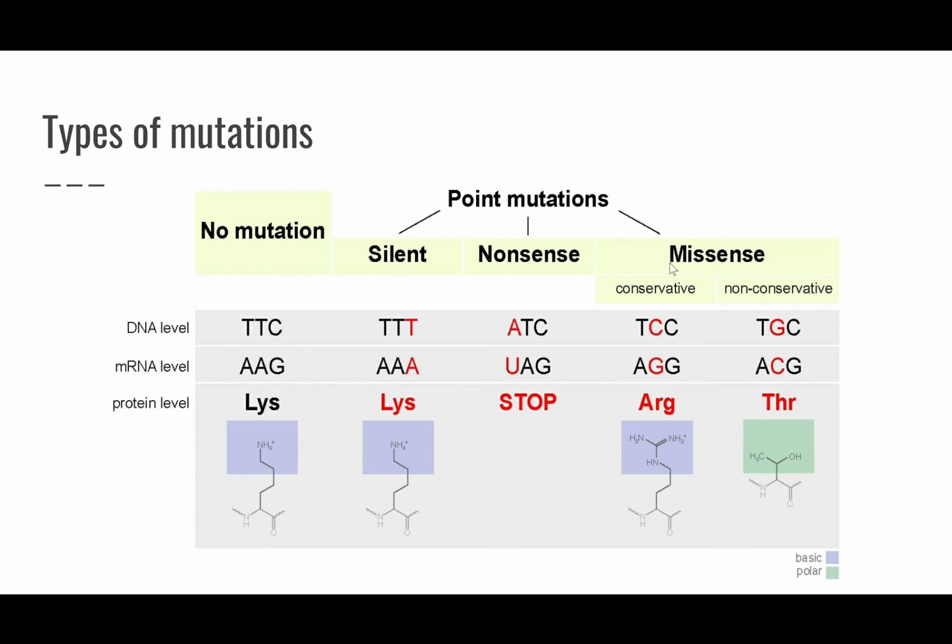All right, and then finally we have missense. Don't worry about conservative versus non-conservative, but missense means that the amino acid has changed. Originally it was lysine, but depending on which letter you've changed, it could then code for a whole different amino acid. So the protein hasn't been cut prematurely, but there is some change in what amino acid is there.